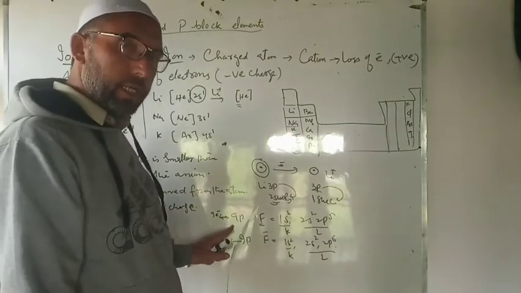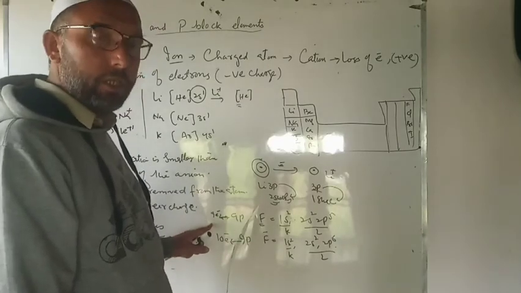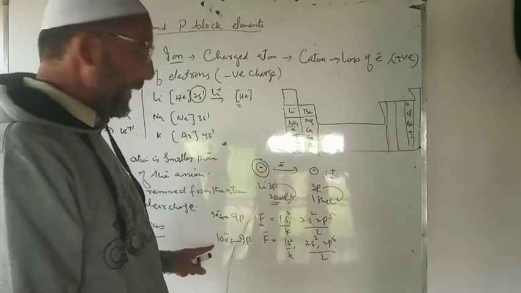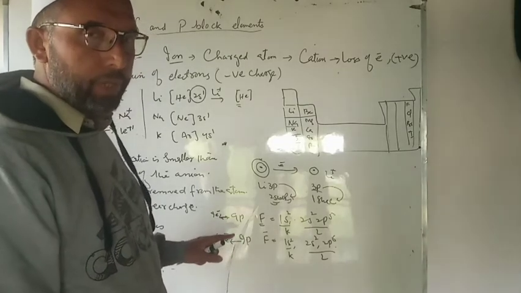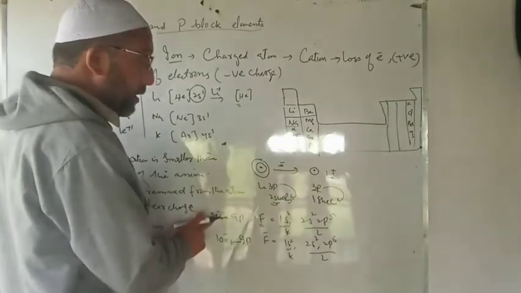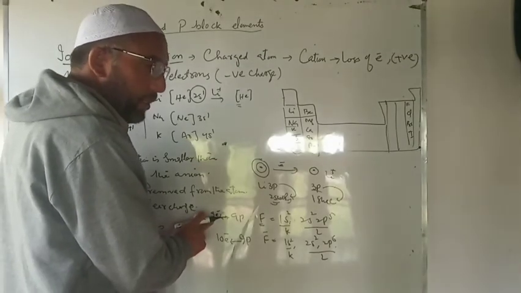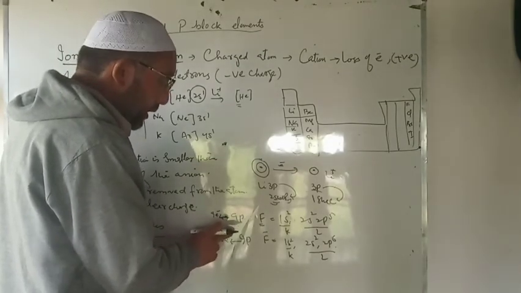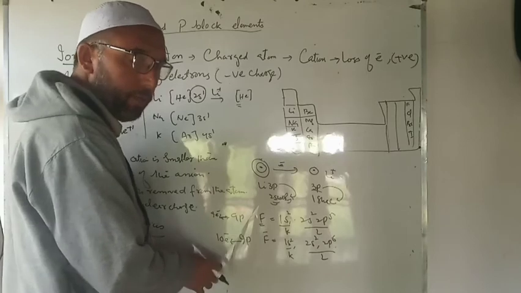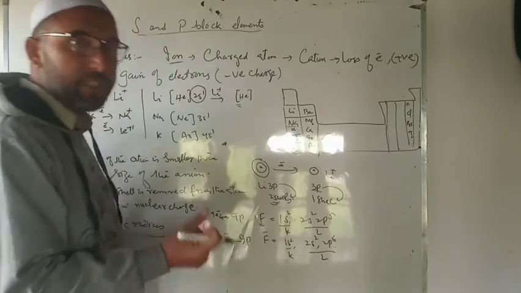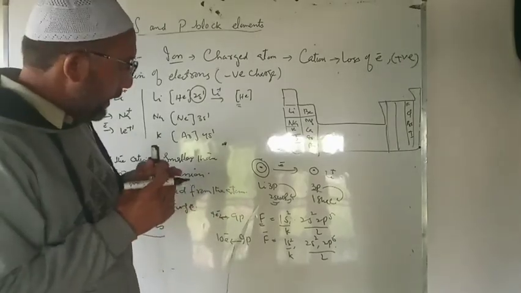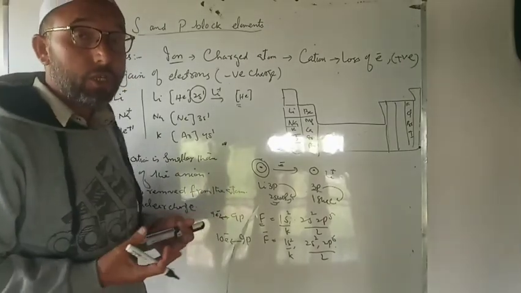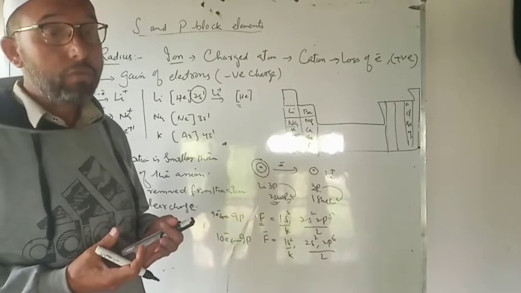9 protons attracting 9 electrons and 9 protons attracting 10 electrons. It simply indicates that the 9 electrons will be attracted more strongly by the nucleus than the 10 electrons. That means 10 electrons are less strongly attracted by the nucleus. When electrons are less strongly attracted by the nucleus, what will happen?